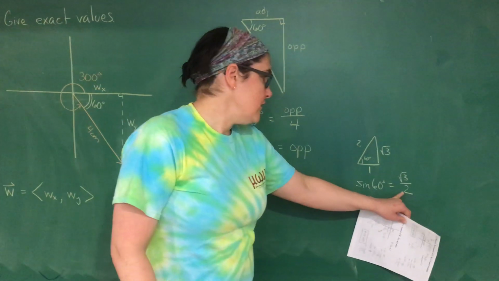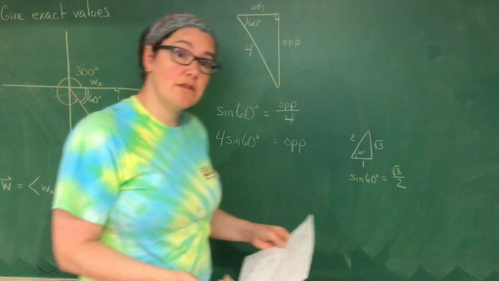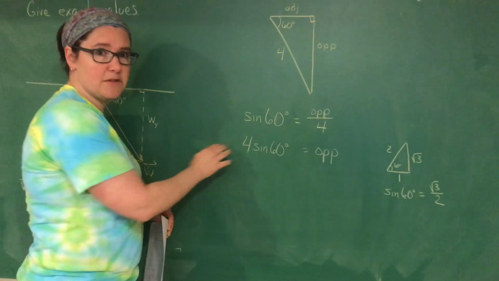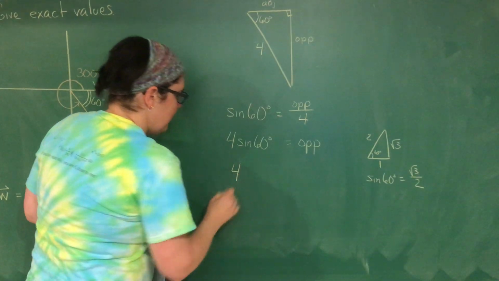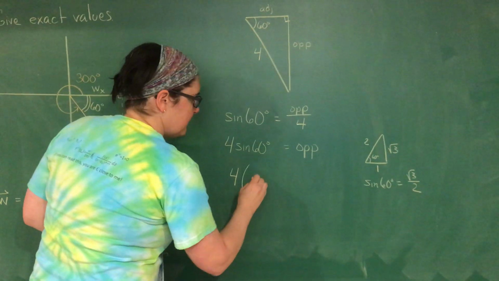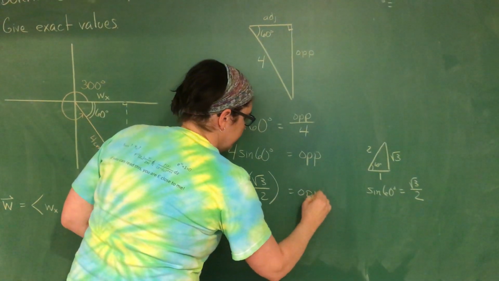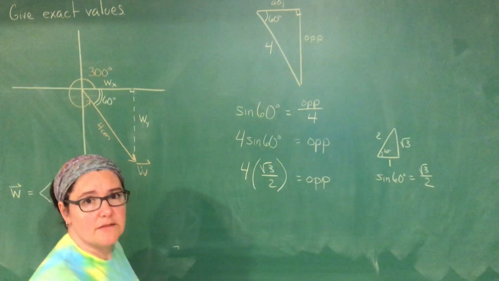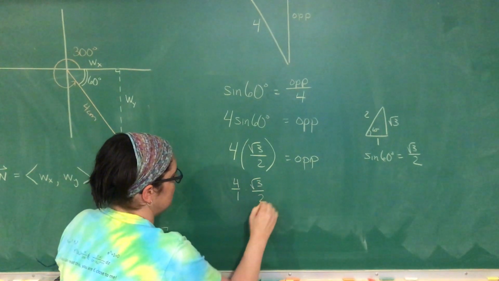So you can get that value from drawing the little triangle or memorizing the unit circle, or however you want to remember or figure out the value for sine of 60. That is your choice. Okay, so we now have 4 times the sine of 60. So that's 4 times root 3 over 2. And that's an okay final answer, but we can clean this up a little bit. We have 4 over 1 times root 3 over 2.